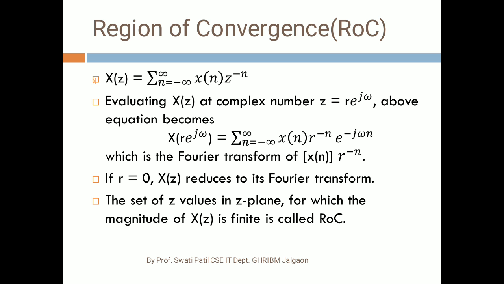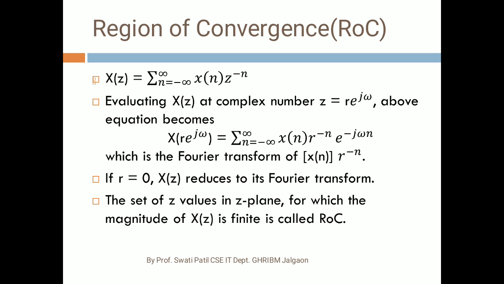This Fourier transform definition and details we have already seen in the previous videos. So in this equation, if I put the value of r equal to 1, X(z) reduces to its Fourier transform.